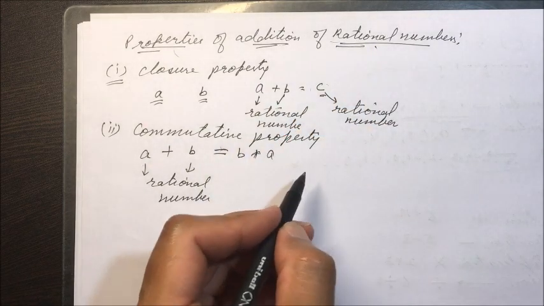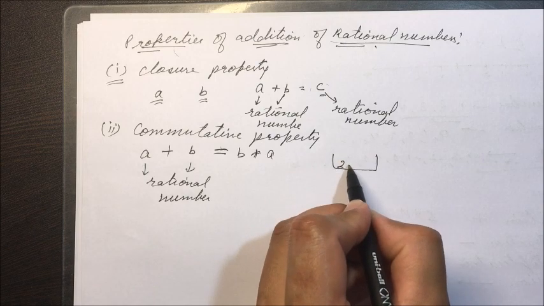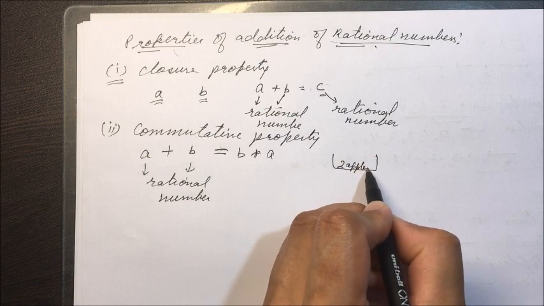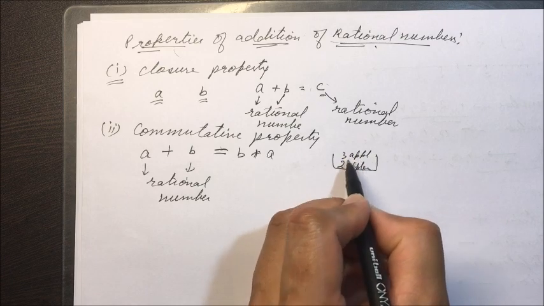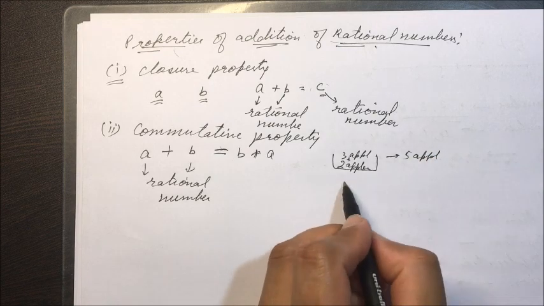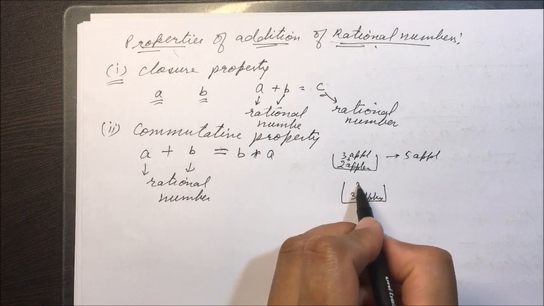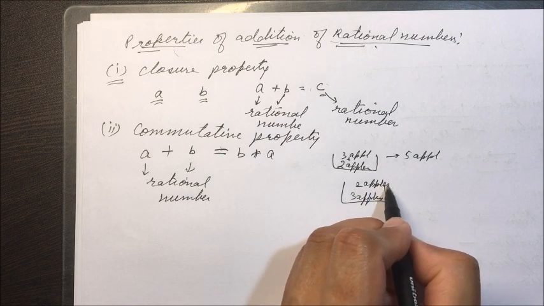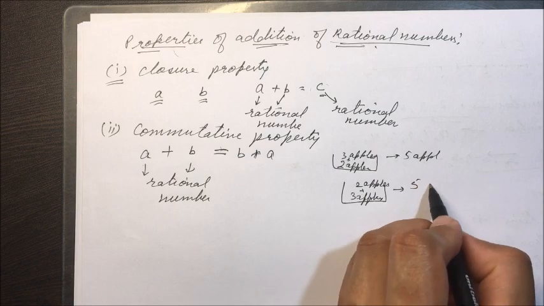For example, there is a basket. If I add 2 apples and later I add 3 apples, in total I will have 5 apples. Or I add 3 apples first and 2 apples later, the basket will also have 5 apples.